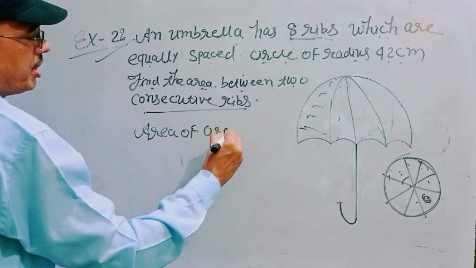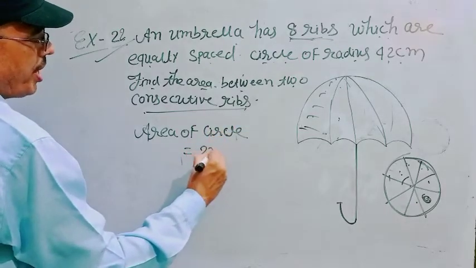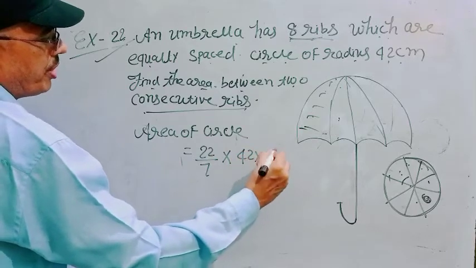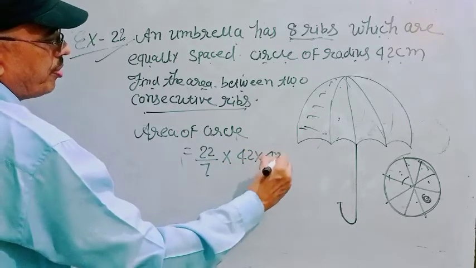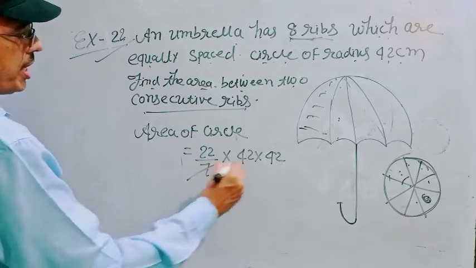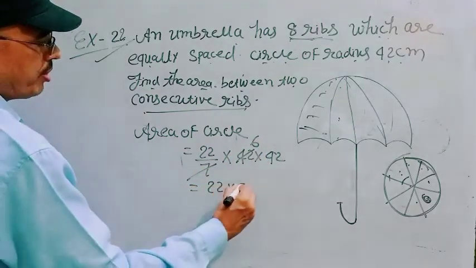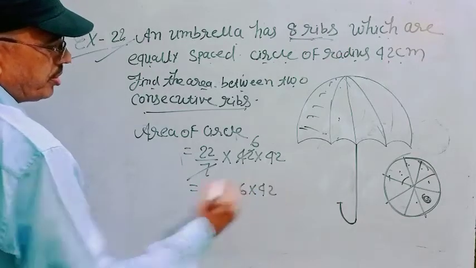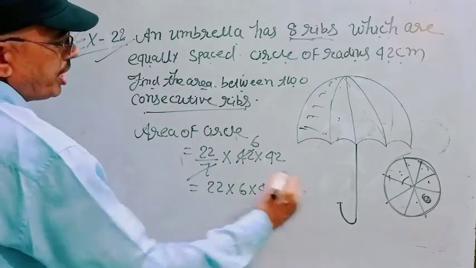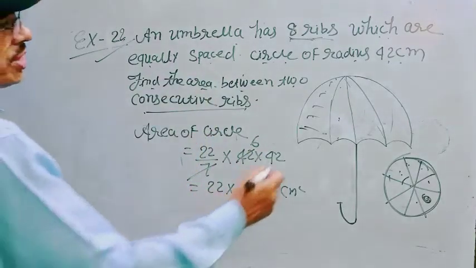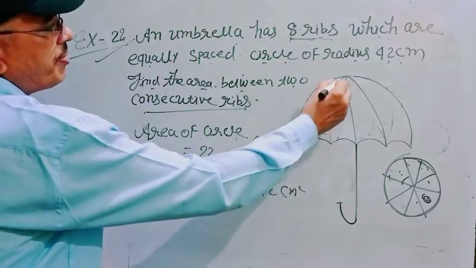It is equal to pi r square, that is 22 by 7 into 42 into 42. 7 and 42 cancel by 6. So the area is 22 into 6 into 42 cm square. It is the area of the whole circle, that means the whole umbrella. Now the question is the area of the sector between two ribs.